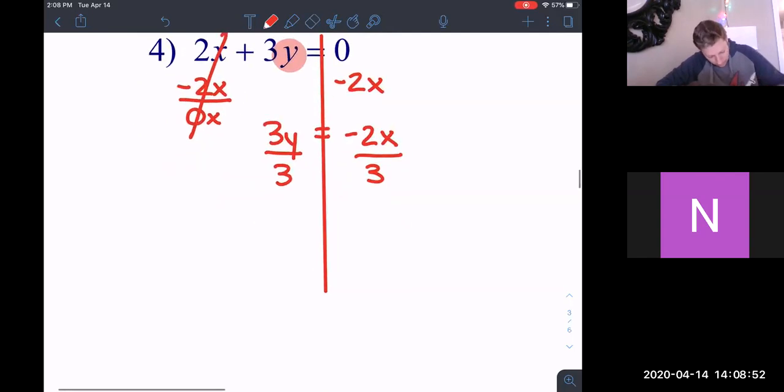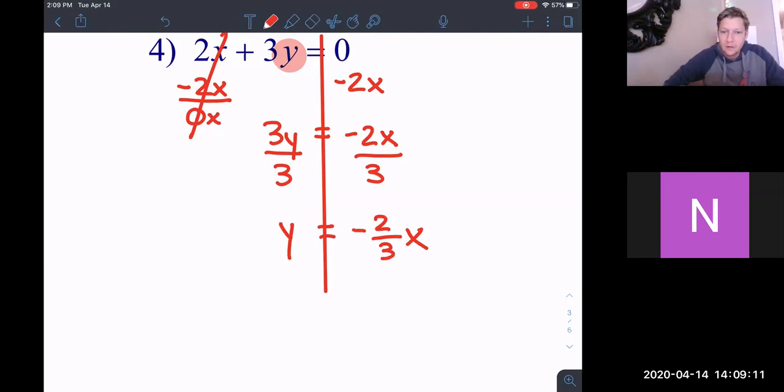All right. So that gives me a y on the left side. And since 2 divided by 3 can't be simplified, if you do it on your calculator and you hit math, enter, you'll get negative 2/3 back. So we would just want to leave that in fraction form, and we can bring that x out front. So we get negative 2/3 x on the other side.